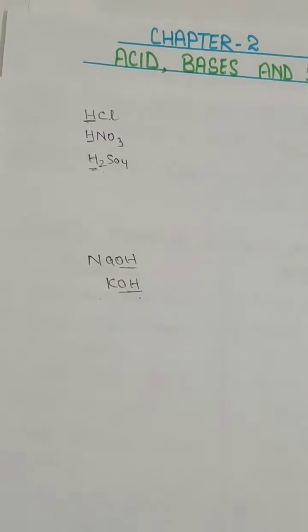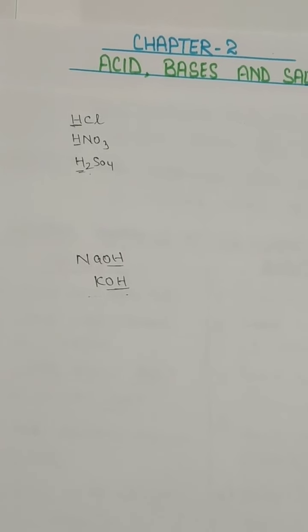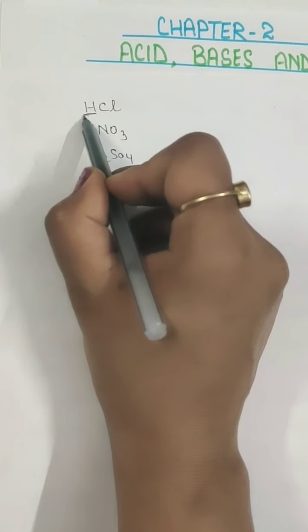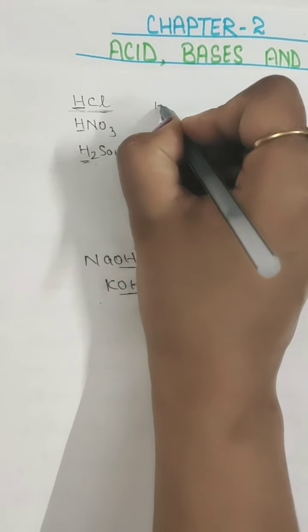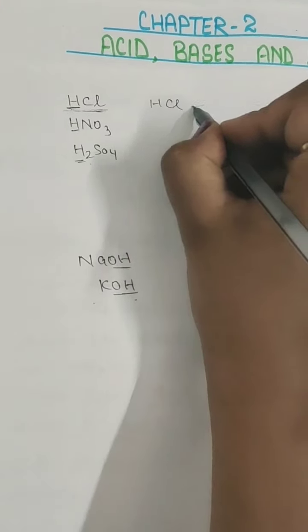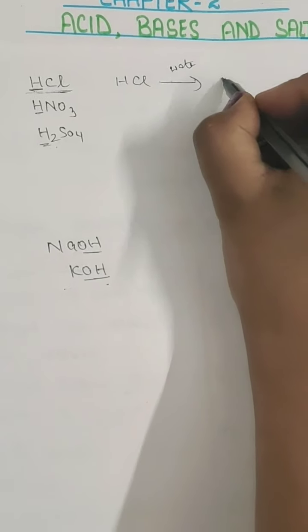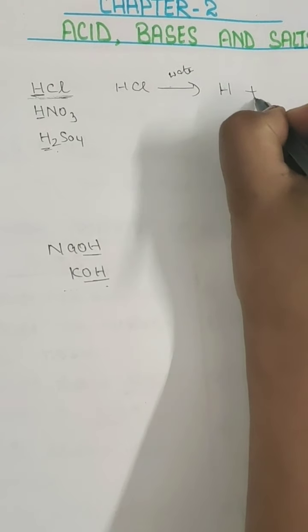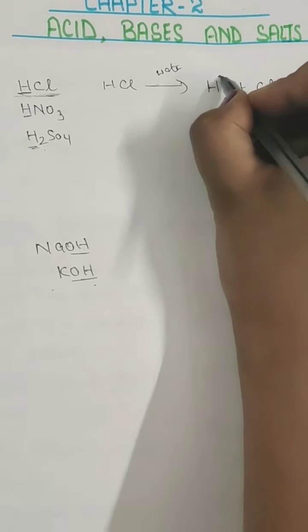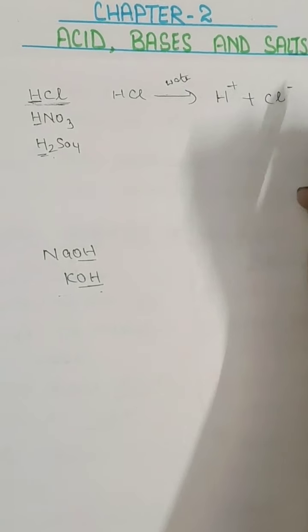So what is this hydrogen ion and hydroxide ion basically? When this is a compound which we are calling an acid, when we dissolve this in water, what will happen? It will dissociate into its ions, that is hydrogen ion and chlorine ion.